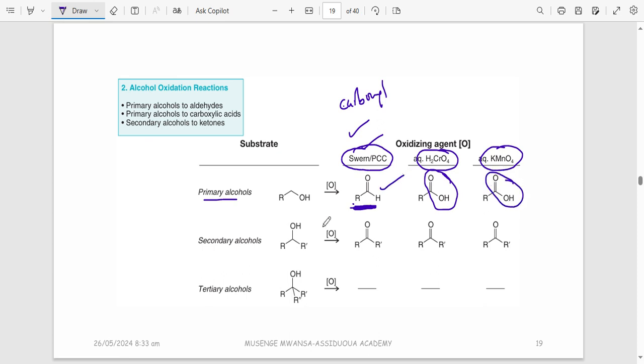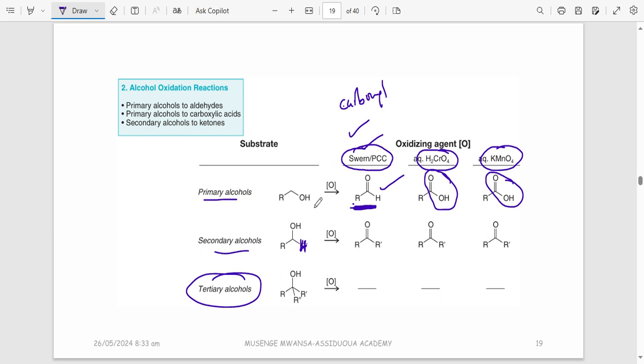This one was an aldehyde. If it's a secondary alcohol, you form a ketone. This one is also forming a ketone. This one is also forming a ketone. Because for secondary alcohols, you cannot form an aldehyde by all means. There is no hydrogen where you can attach an oxygen to form an acid. Tertiary alcohols do not undergo any oxidation whatsoever by any oxidizing agent.